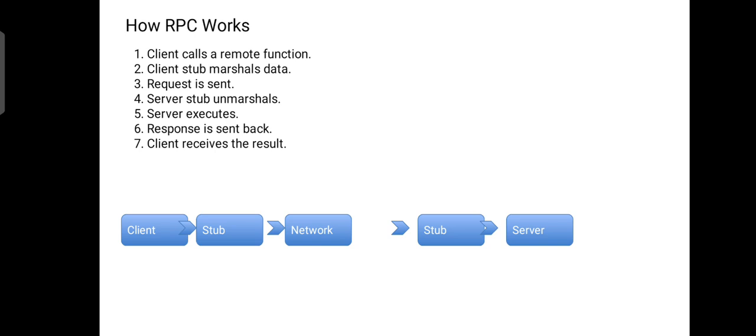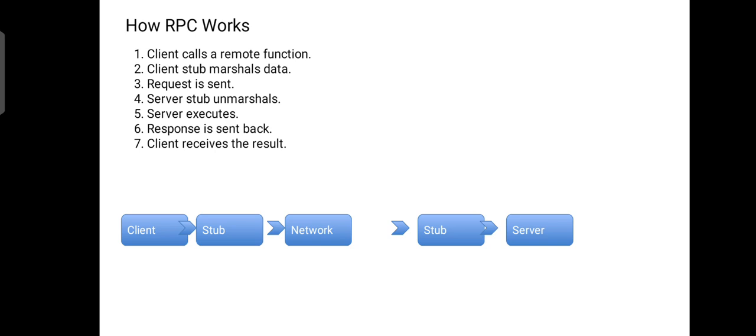Next, the request is sent to the server, then the server stub receives the request and converts it back. This is called unmarshalling. Next, the server executes the requested function. Then the server sends the result back to the client.